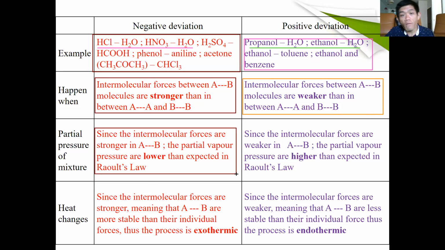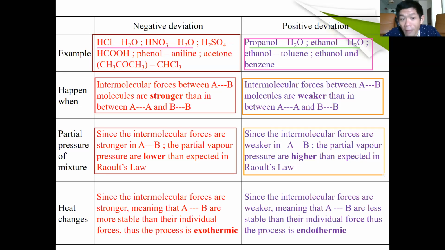Therefore, the vapor pressure is lower than expected, as the intermolecular forces are stronger and hence harder to vaporize. Compared to a positive deviation, where the intermolecular forces of A and B are weaker, therefore the vapor pressure is higher than expected. So this is how negative and positive are classified.